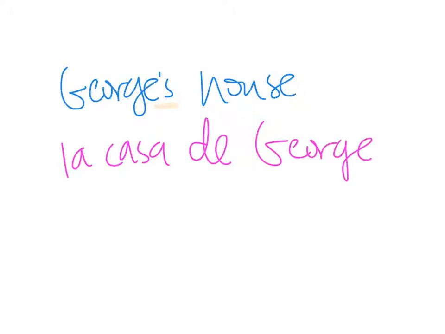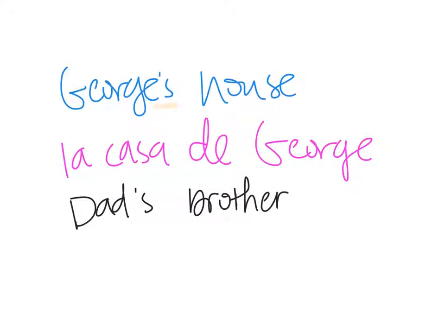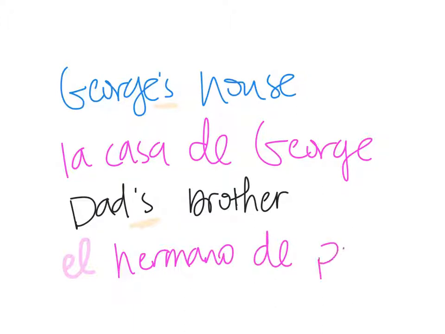Okay? Or if I wanted to say my dad's brother, again, in English, we have the apostrophe S, but in Spanish, we're going to say el hermano de papá.